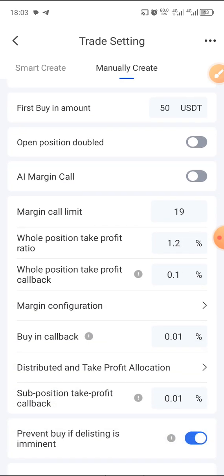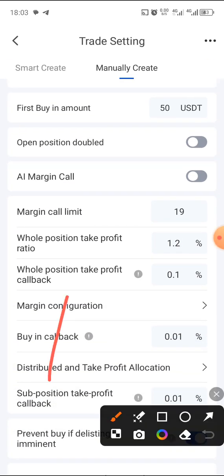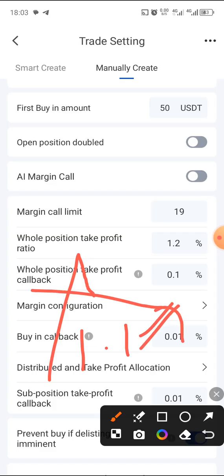Remember, when the market will rise 1.2, it makes a callback of 0.1, then your robot will be selling at exactly 1.1 or above. So I would say 1.2 is enough.